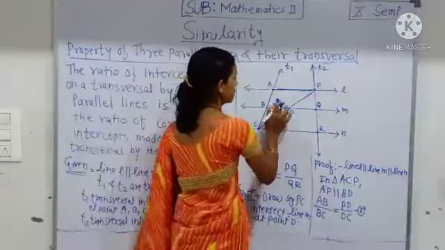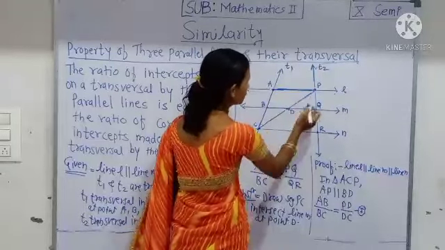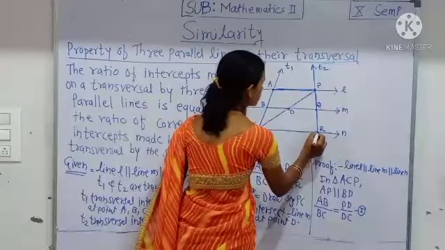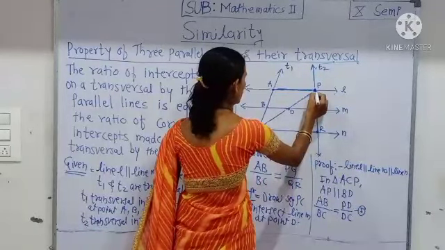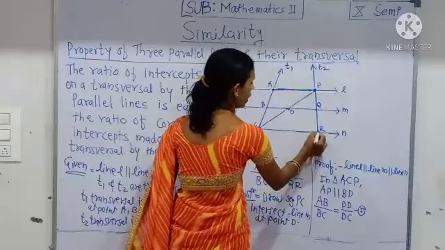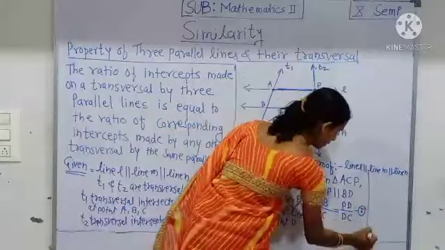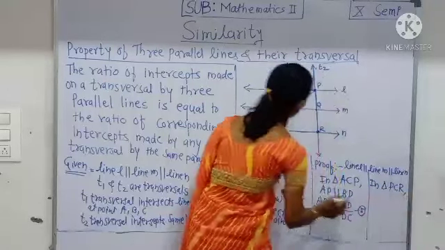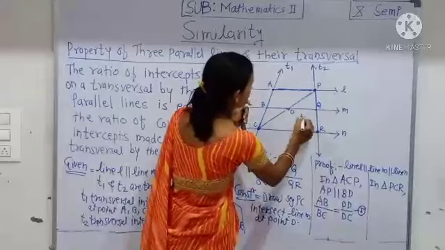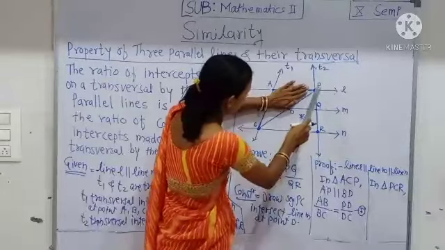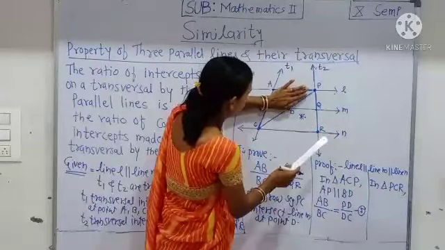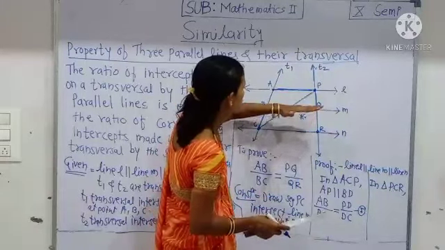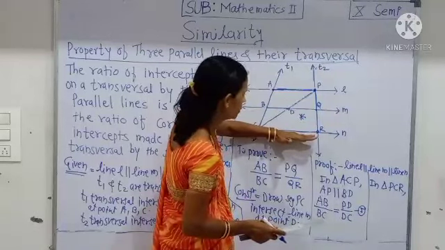Similarly, another triangle is also formed here, that is triangle PCR. Now in this triangle PCR, DQ is parallel to CR, because line M is parallel to line N, which is given.